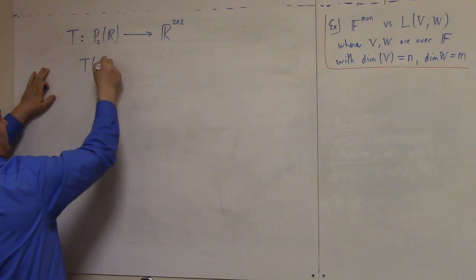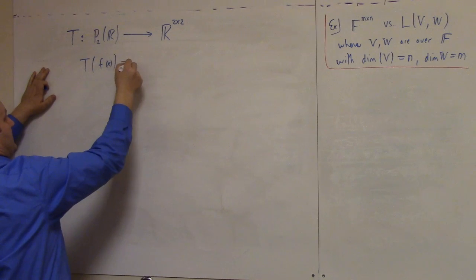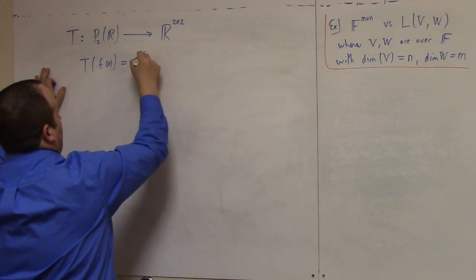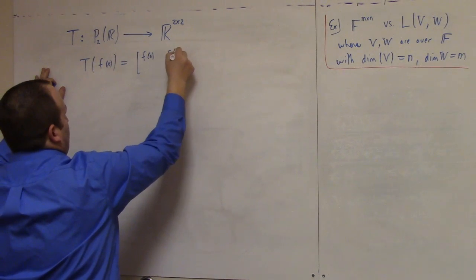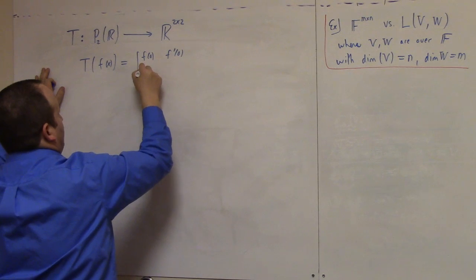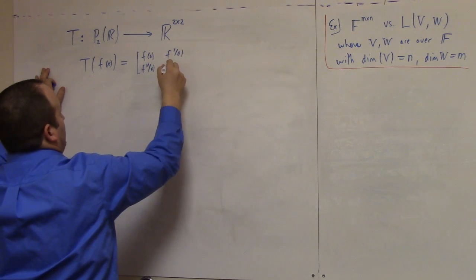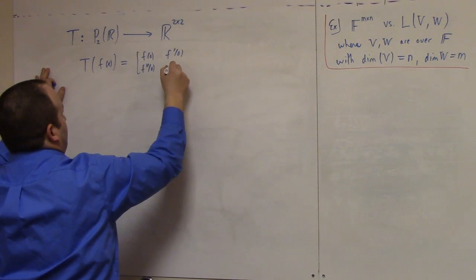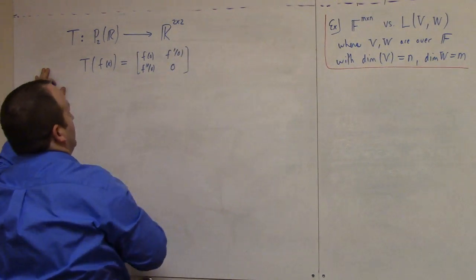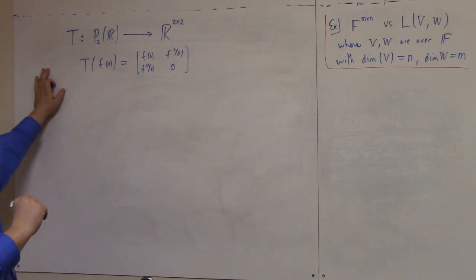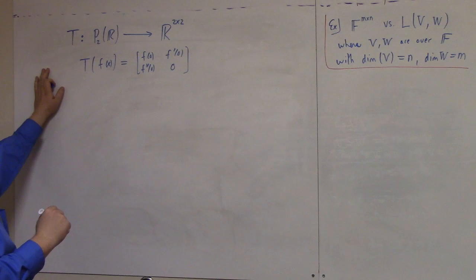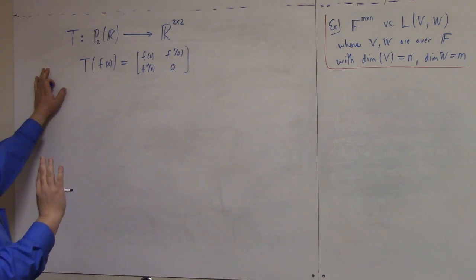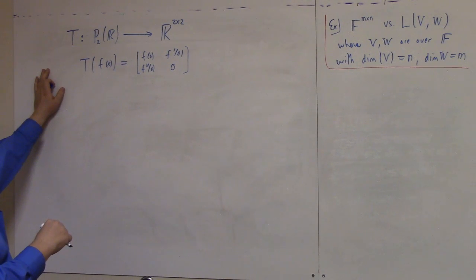T of f of x goes to f of 0, f prime of 0, f prime prime of 0, and then 0. I don't know, whatever. It's a silly mapping. You can prove this is a linear transformation, right? But how could you write it as a matrix multiplication? That's the thing.